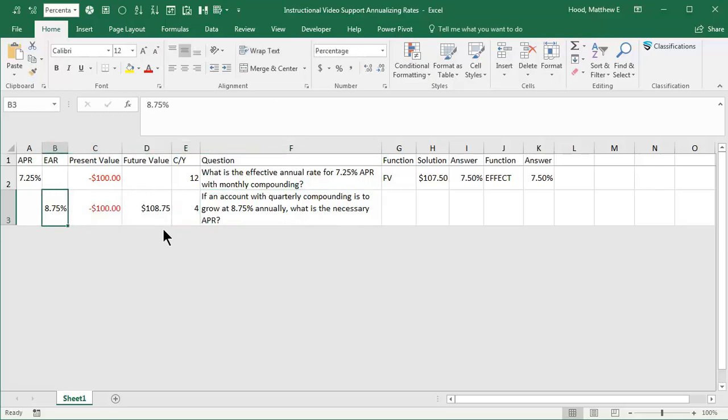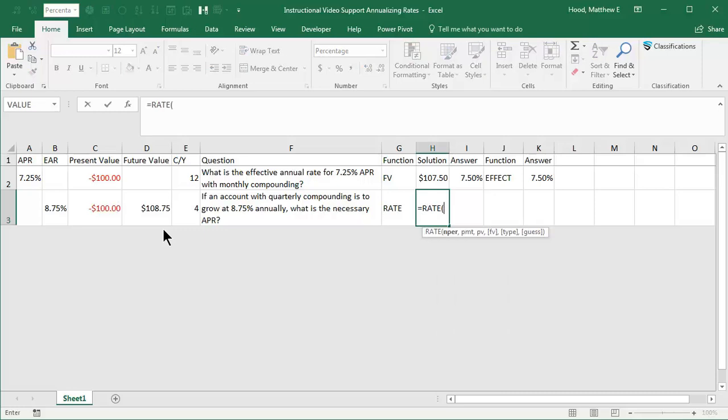So now we want to find the APR. The function for this would be RATE. I want to find out what rate is being used here. So equals RATE, number of periods, compounds per year. I don't have to multiply it by 1. Payment is 0, I can just leave that alone.